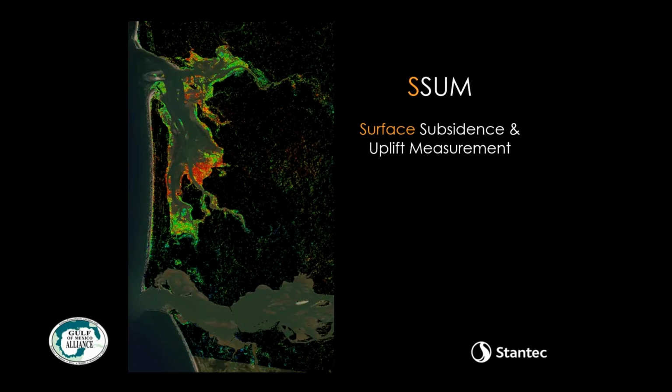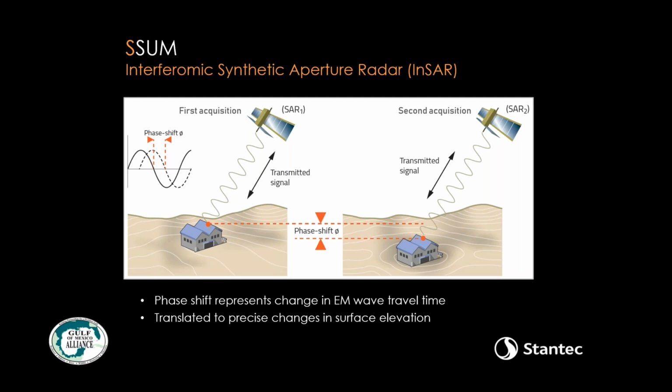Okay, shifting gears entirely. We're going to talk about something called surface subsidence and uplift measurement. So we're actually measuring how much of the Earth's surface is either uplifting or subsiding. It uses something called interferometric synthetic aperture radar, or InSAR, satellite data.